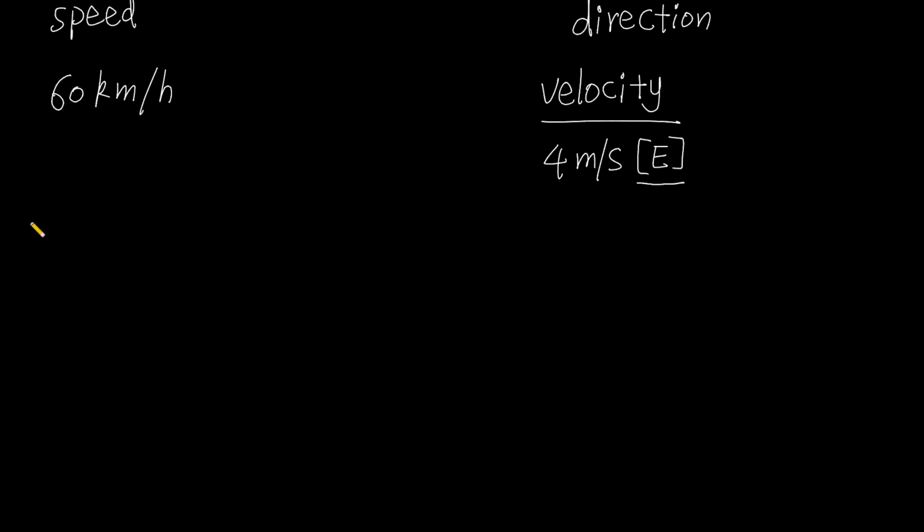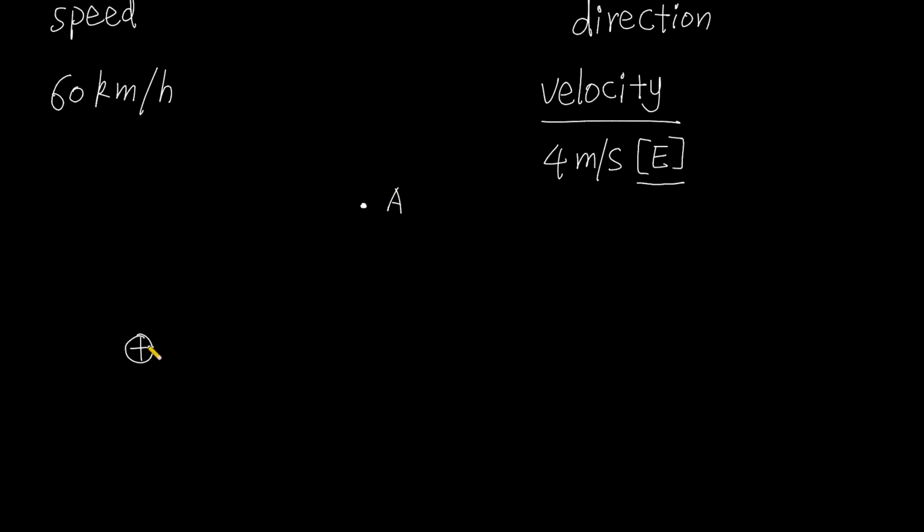And let's go on. In kinematics, we often choose a reference point and analyze objects' movements related to this reference point. For example, we can choose a point here. This is a reference point, and there is an object A. Object A is here.